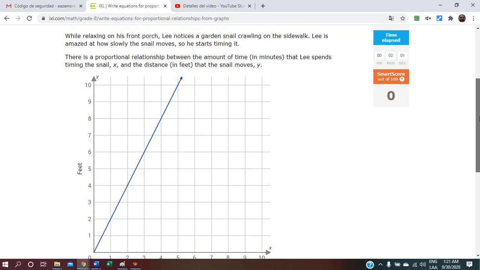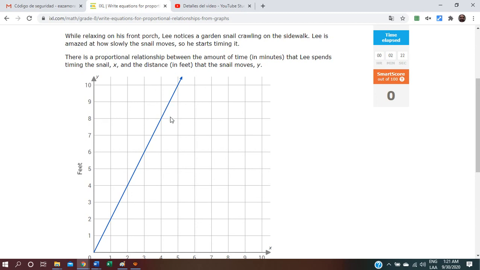Okay, so if we read carefully, it says, while relaxing on his front porch, Lee notices a garden snail crawling on the sidewalk. Lee is amazed at how slowly the snail moves, so he starts timing it.